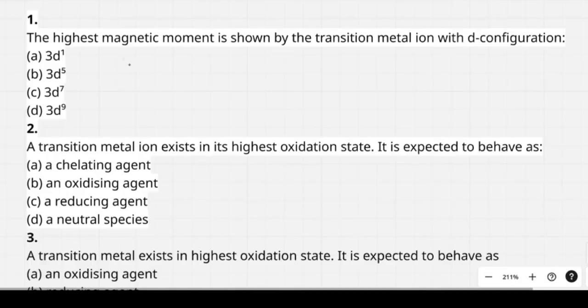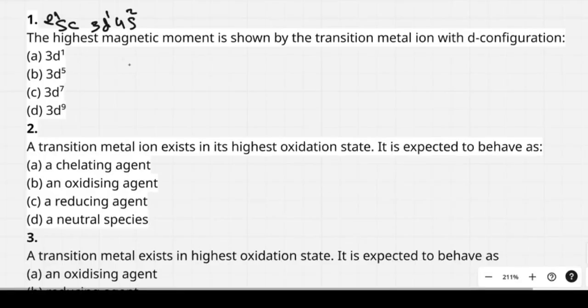3D series starts from scandium and it will end with zinc. Scandium has atomic number 21. The outermost electronic configuration for scandium is 3D1 4s2.